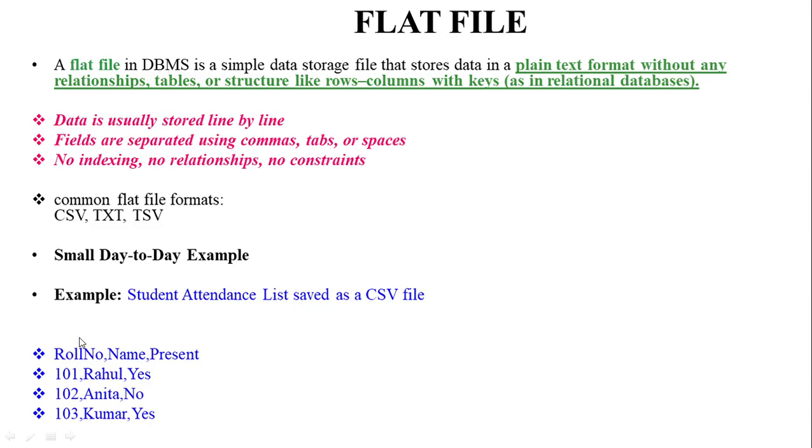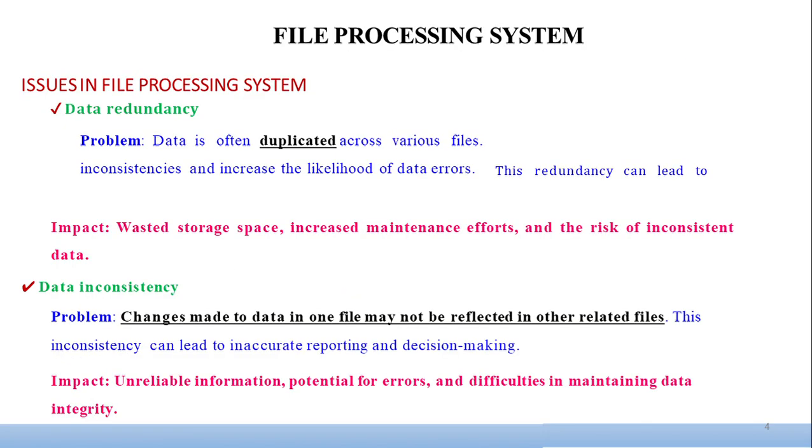So here we have the roll number, name, and the present or absent attribute. Then we specify some examples: roll number, comma, name, comma, whether they are present or not. When it is not in a structured format like rows or columns, just separated by commas, it comes under a file structure.